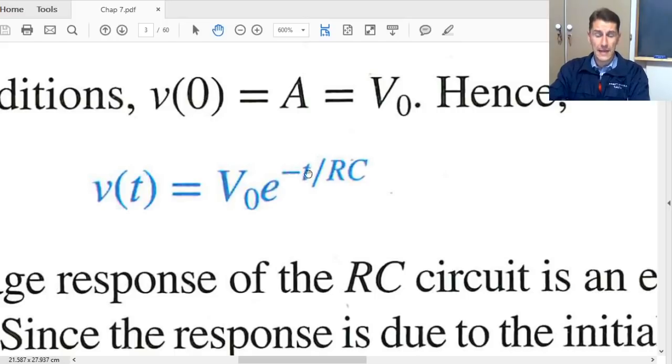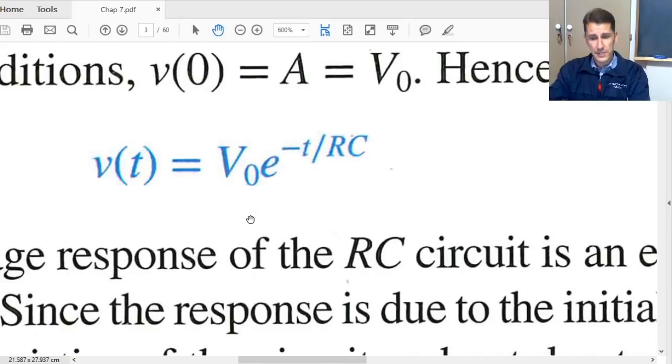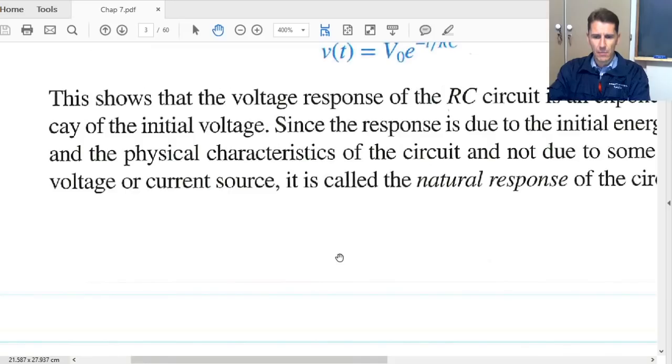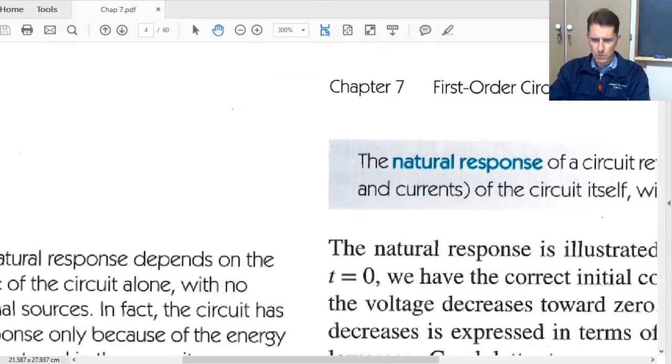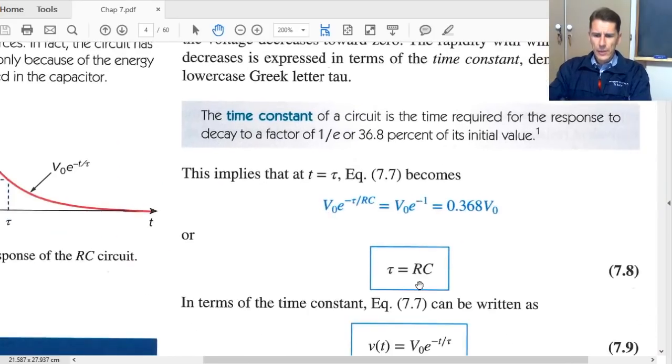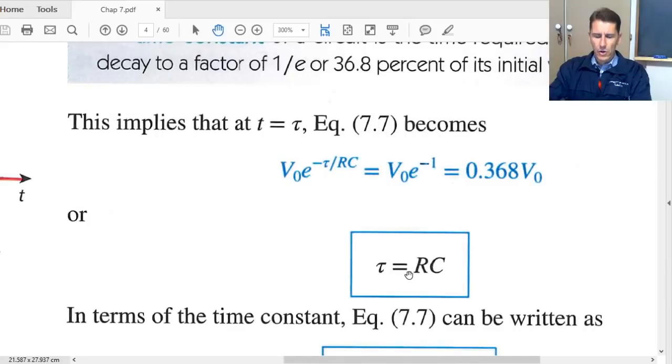Well, obviously that t has to be equal to RC. Now, that RC value is then my time constant. So if we give t the time constant, or our tau value, RC, then we get e to the minus 1. And e to the minus 1, or 1 over e, equals 0.368, or 36.8% of the original value.